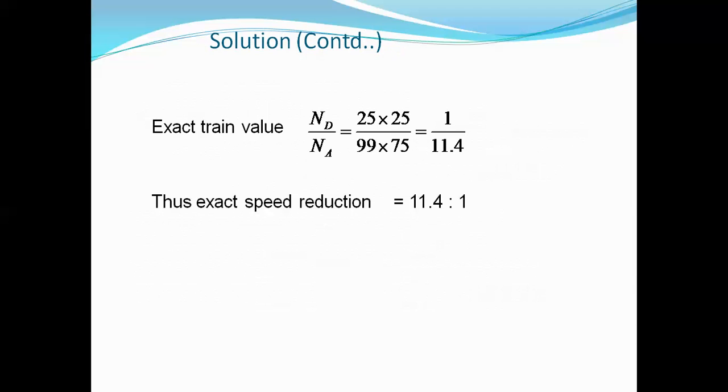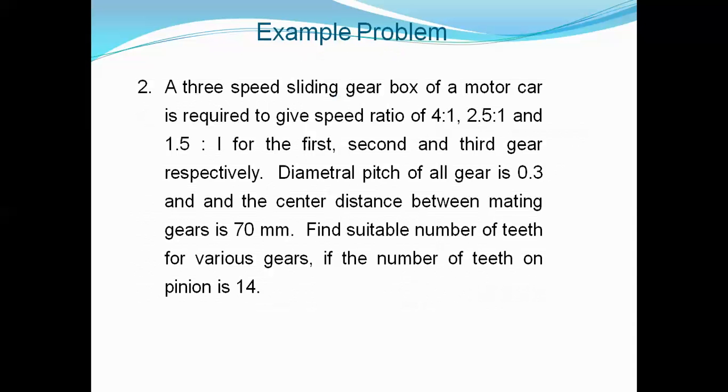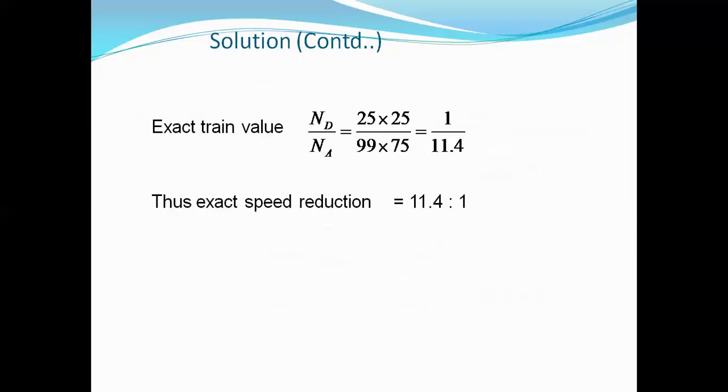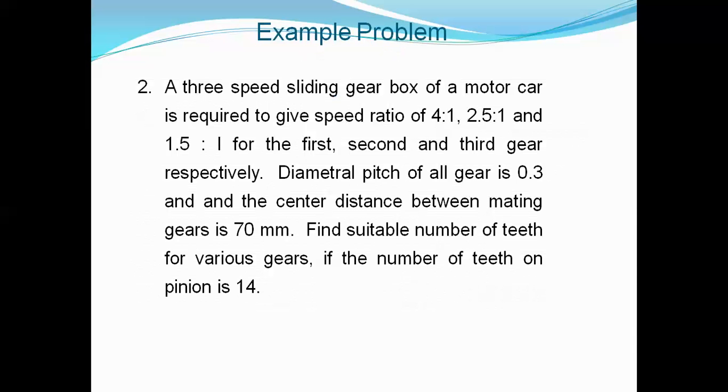So thus exact speed reduction is 11.4:1, right? So number of teeth find out చేసినాం, at the same time exact speed reduction also find out చేసినాం. So now we are moving to the next problem, that is on gearbox.